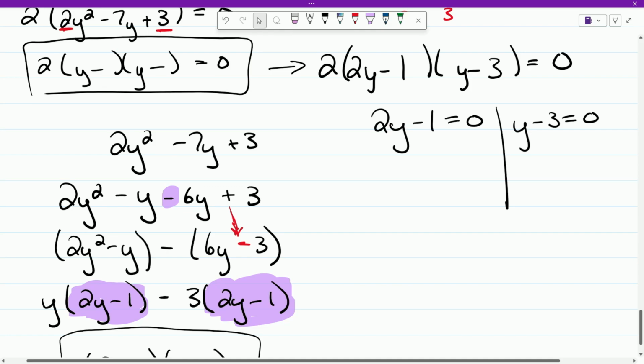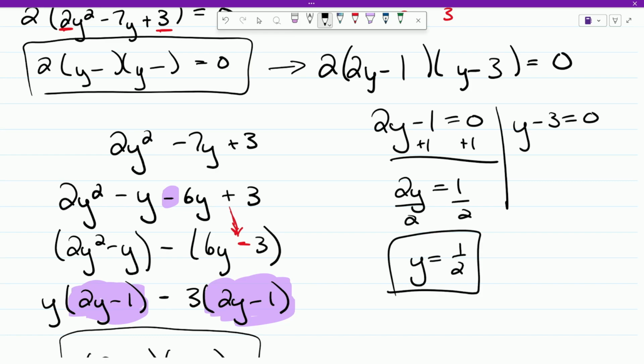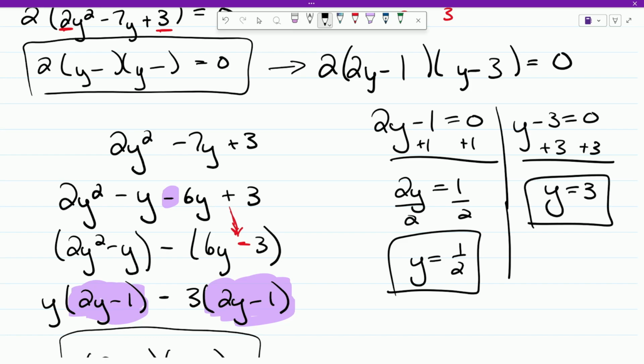So to solve the first one, I add 1 to both sides. 2y equals 1. Then divide both sides by 2 to give me y equals 1/2. For the second solution, I simply add 3 to both sides, and that's going to give me y equals 3.